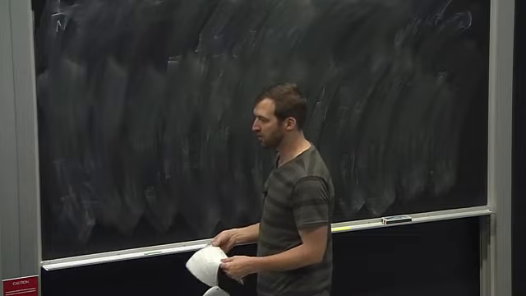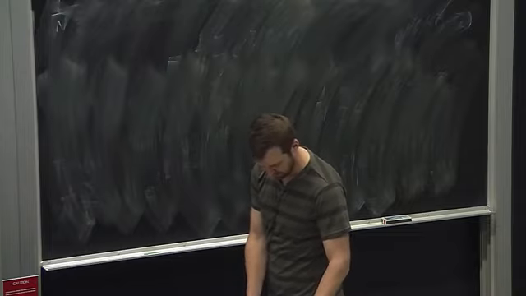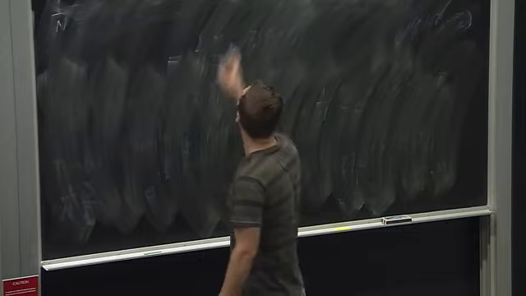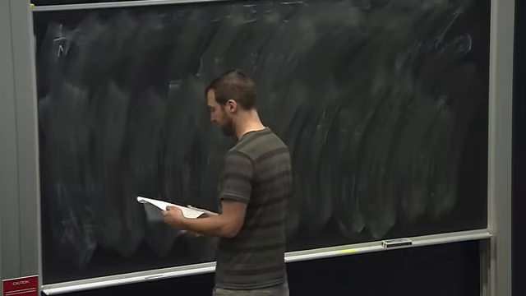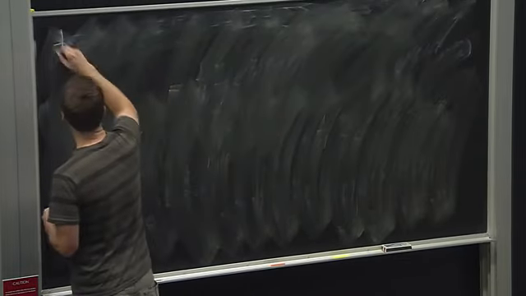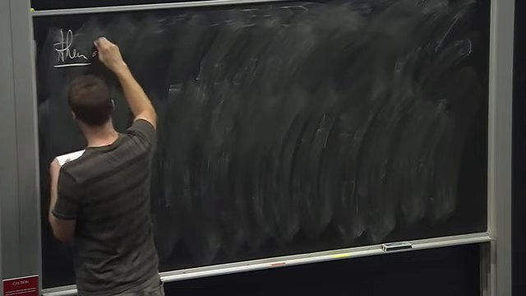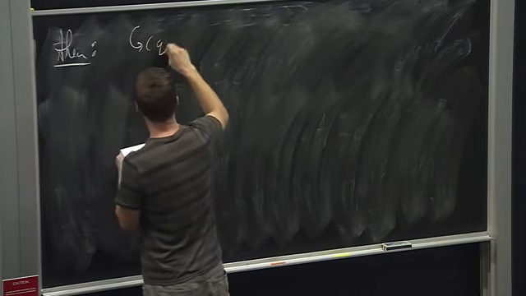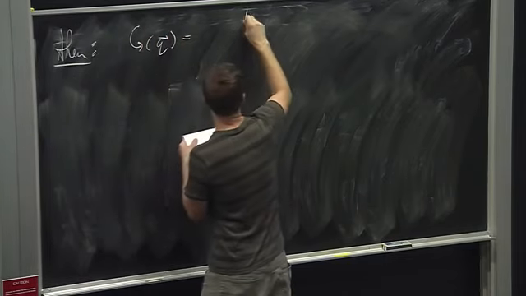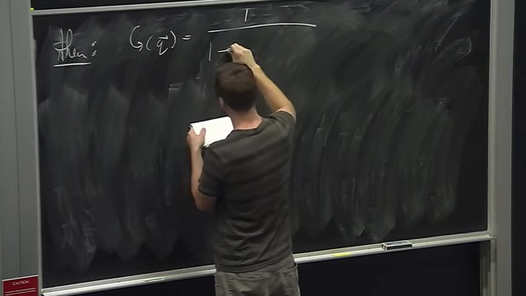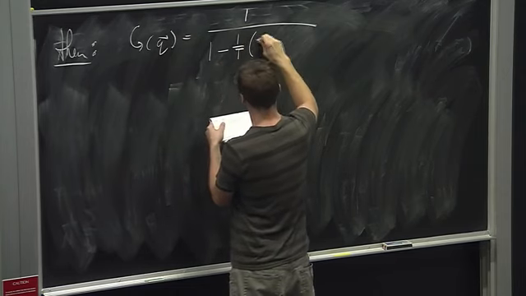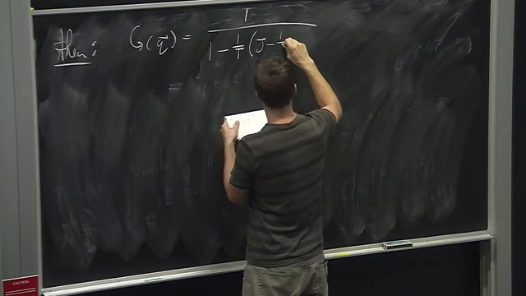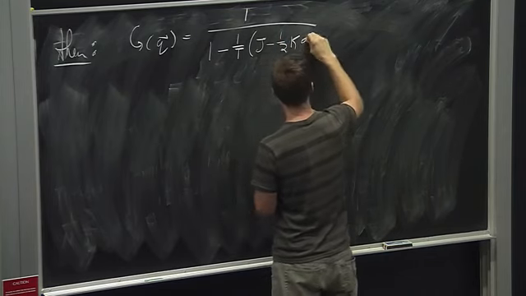So where am I? J of Q. Then from that expression there, the two-point correlation function in momentum space is 1/2 kappa q squared.